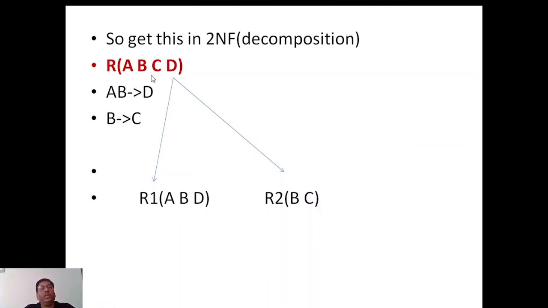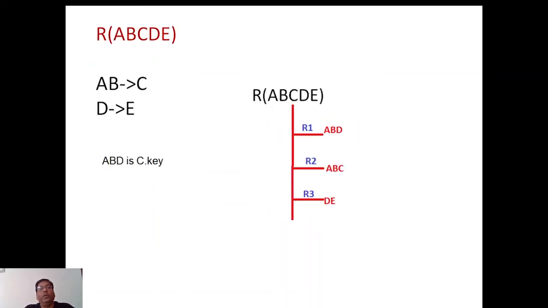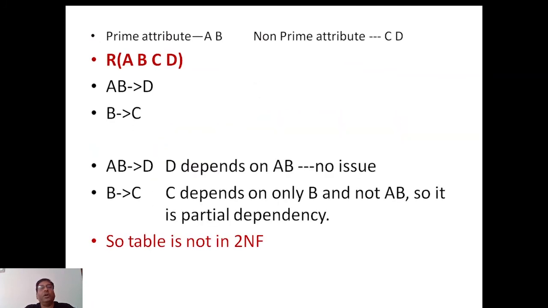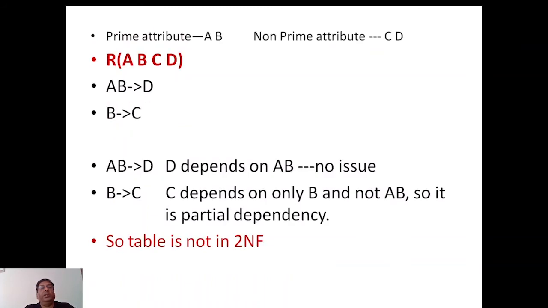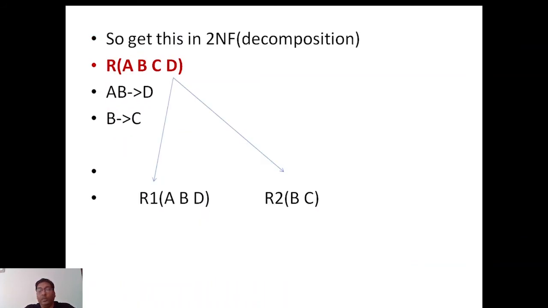Now when you decompose into R1 and R2, we can say the relation is in second normal form. A relation is said to be in second normal form only when it is present in the first normal form and there exists no partial dependency in our relation.